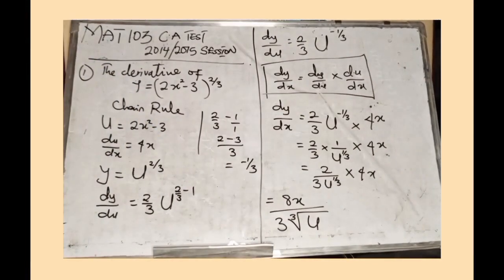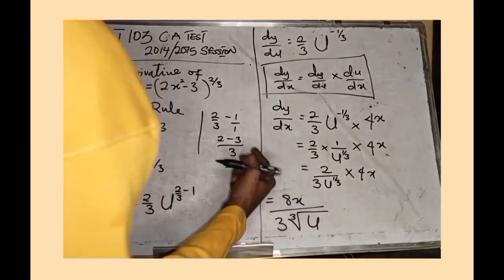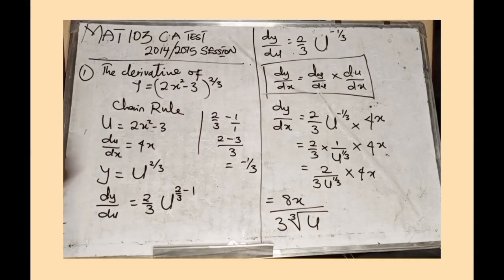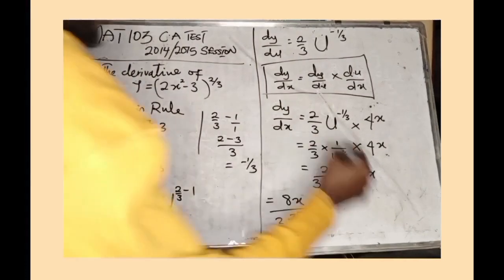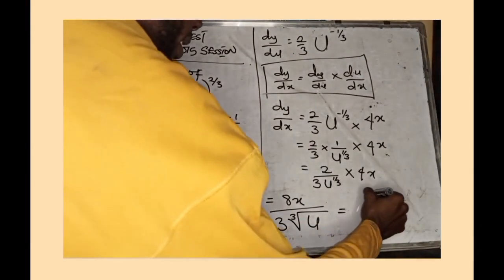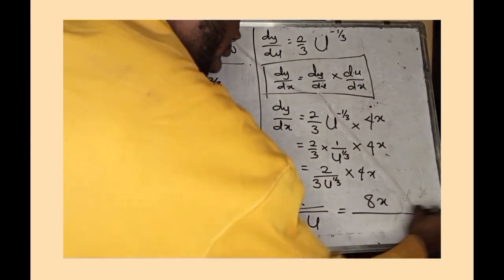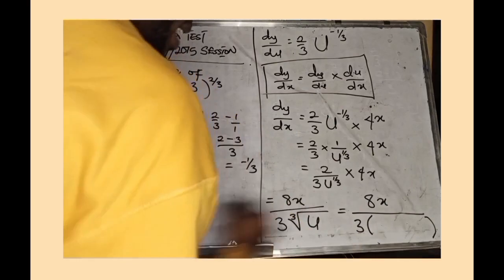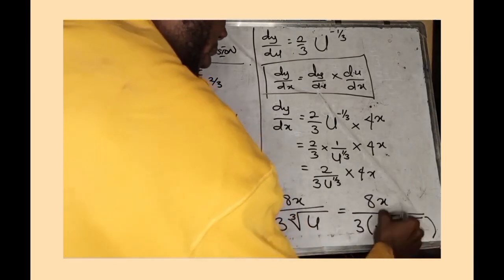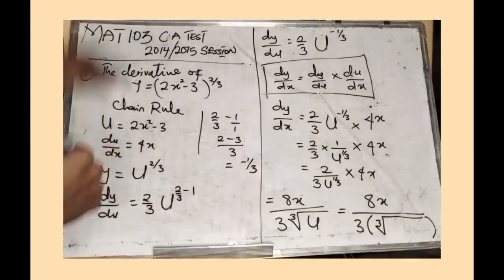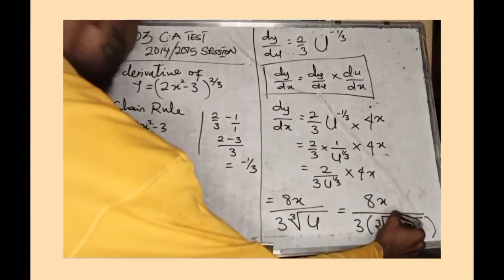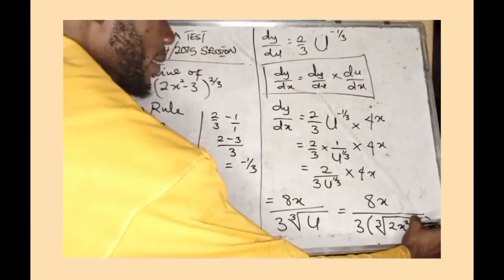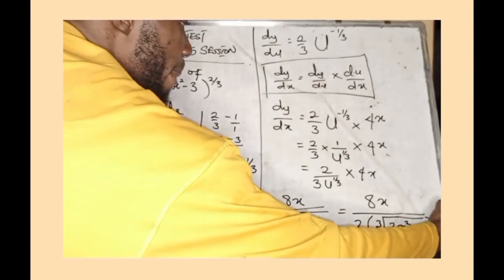But remember we said earlier that u equals 2x squared minus 3, so I'm going to put that down here. Finally, my answer to this very question is 8x all over 3 times the cube root of (2x squared minus 3).